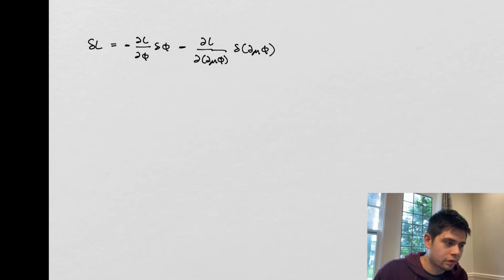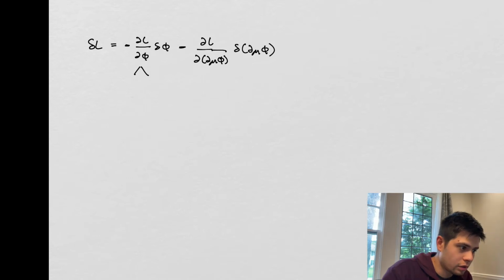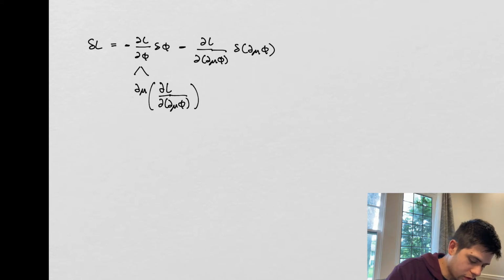And what we can do is say this again here is equal to the derivative of the Lagrangian with respect to the derivatives in the fields, right? So this here is actually that.